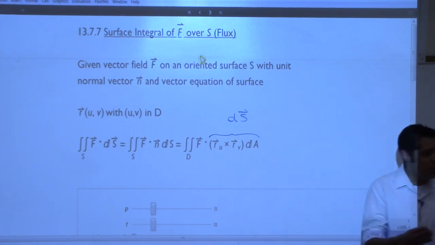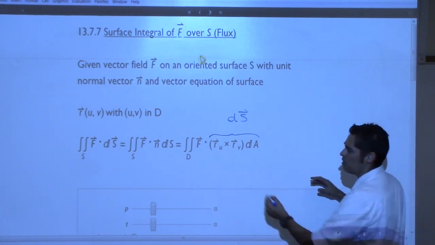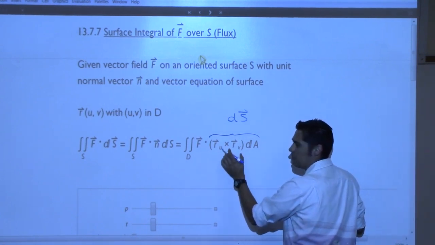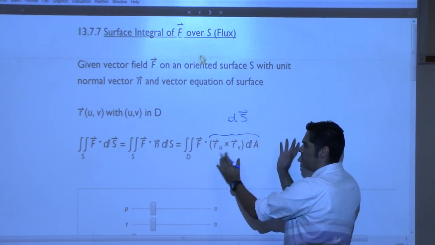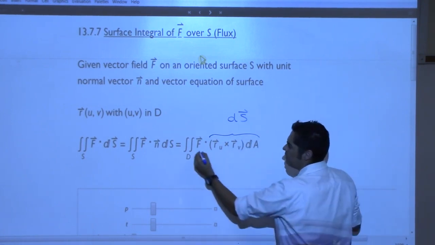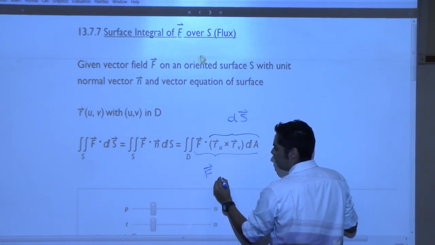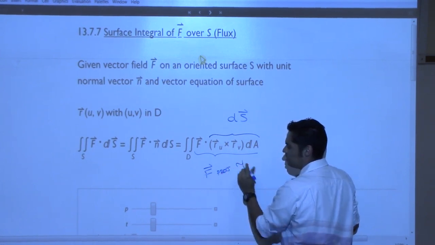You have to go back to your projection formula. How do you project a vector onto another vector? There's a formula for it, right? If you come in here and you start putting your field with the normal vectors, things will start to cancel out, and this is what you're left with. So you have to believe that this is actually your field projected onto your normal vectors.